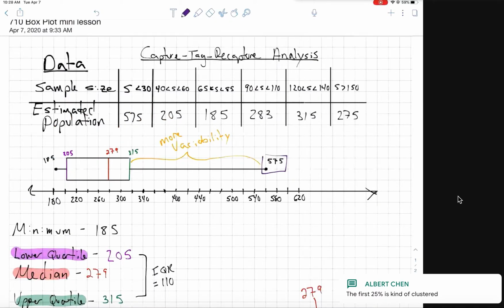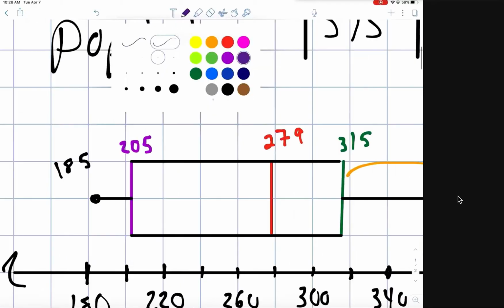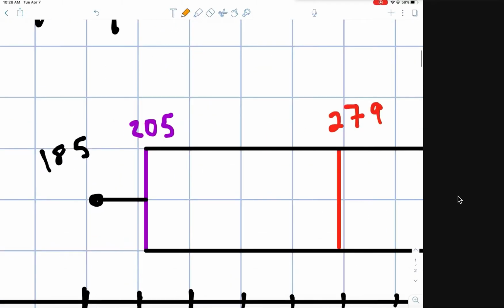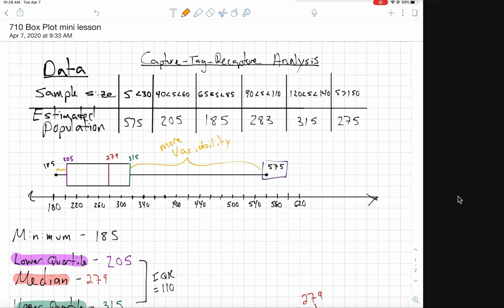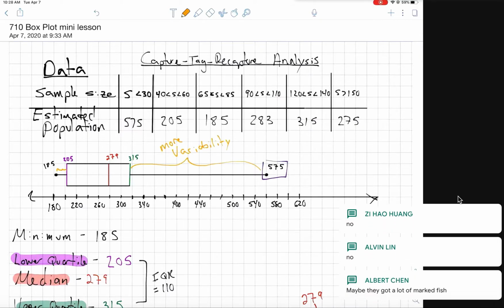Good, Albert. The first 25% is clustered. Why do we think the 575 is so far away from the rest of the data? What happened? Do you guys think there's 575 fish in the pond? Do you think that's a good estimation for the number of fish in the pool? So then why did that come up in our experiment?